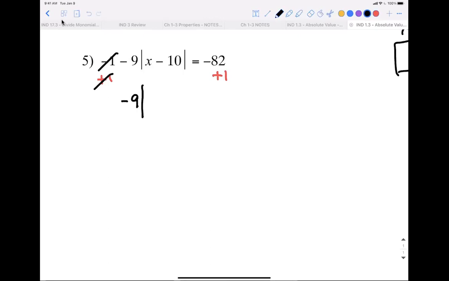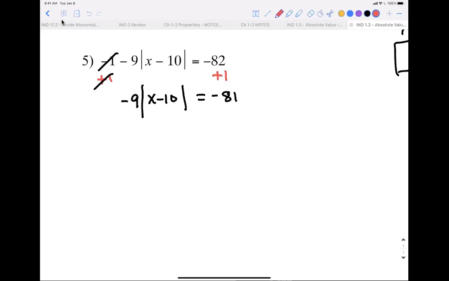And then anytime you've got a number touching a parentheses or a bracket of any kind, it means multiply. And then inside our absolute value. And then -82 plus 1 is -81, because the signs don't match. So we subtract and keep the negative sign. Okay. Now we're ready to break that multiplication bond.